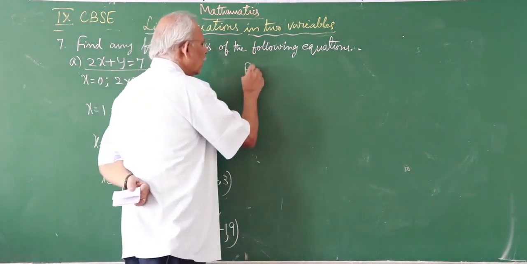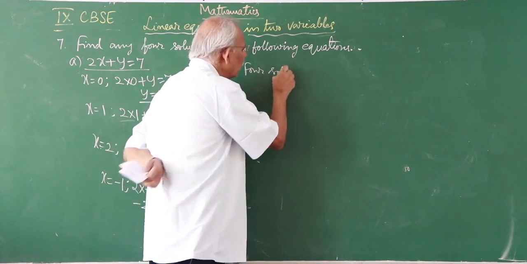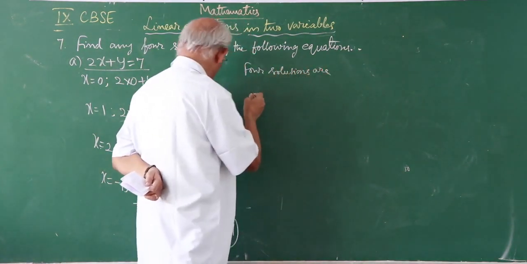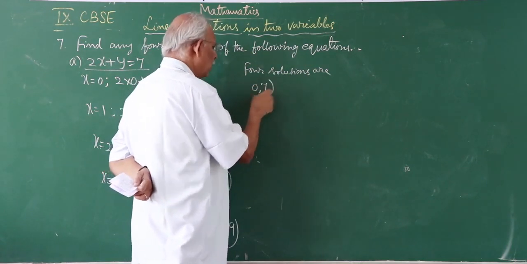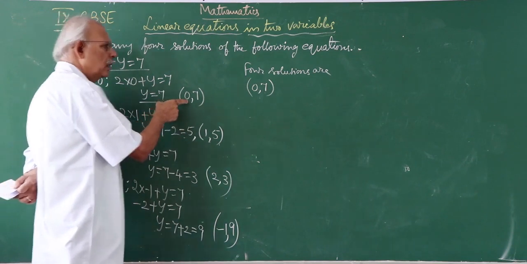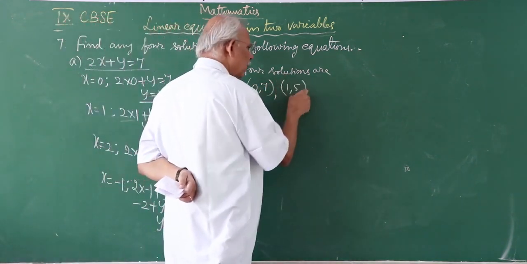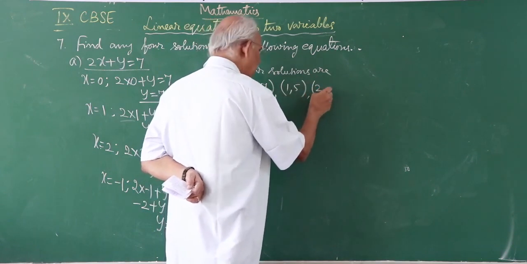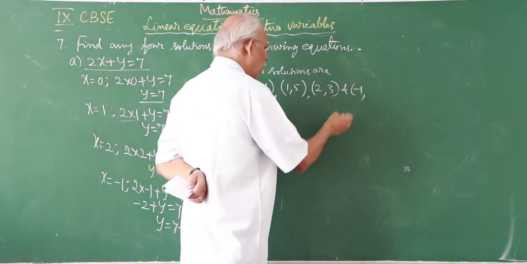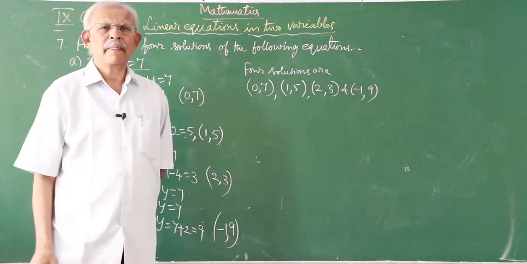So, you write like this. 4 solutions are (0, 7). This is 1. Next, (1, 5), (2, 3) and (minus 1, 9). You have to write like that only.